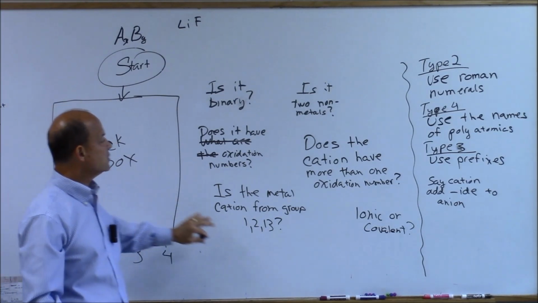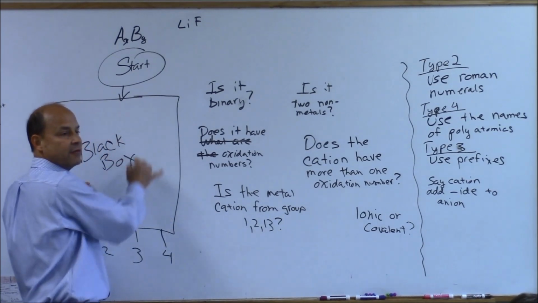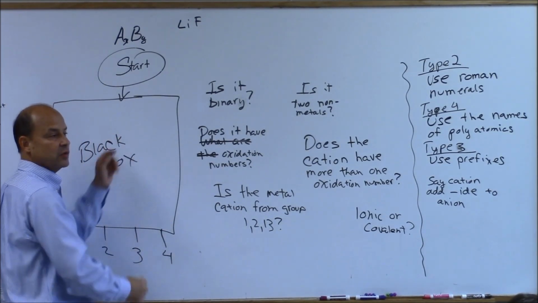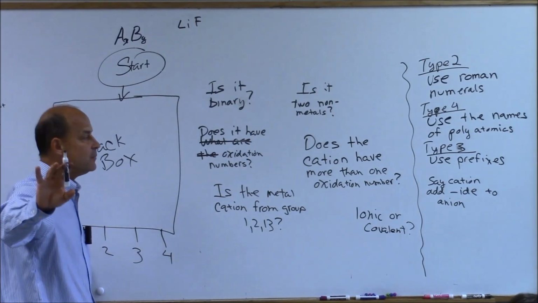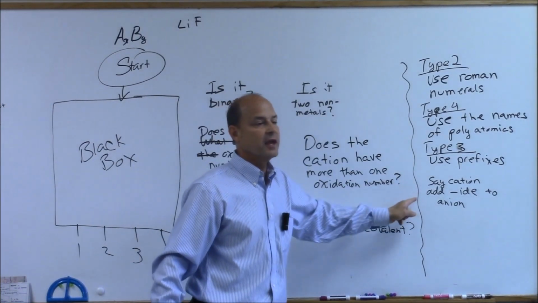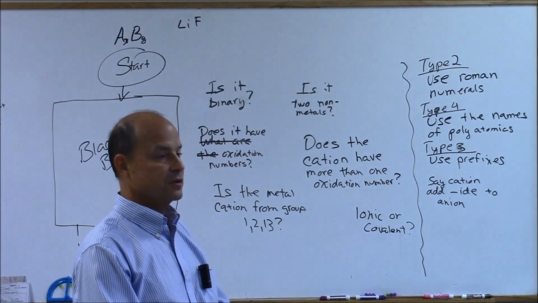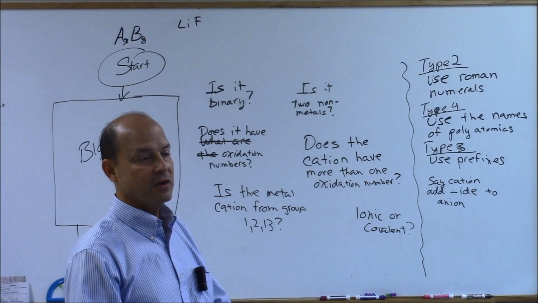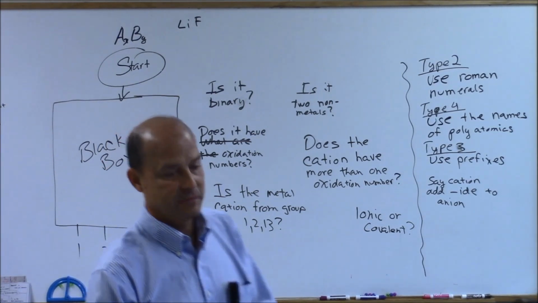All right. So here's some example questions that you might have inside the black box, and then you have to determine the route that you would take to get you to where you want to go. Once you figure out the type, then you have the rules for naming. And if you had that on a piece of paper during a test, it would make your life so much easier. And that's my job, to make your learning life easier, right? All right. Okay.